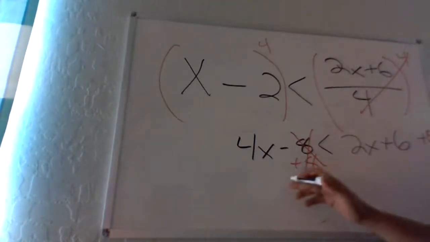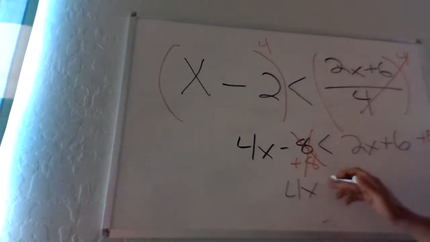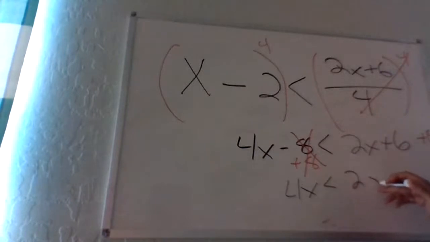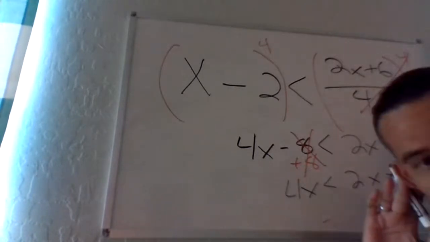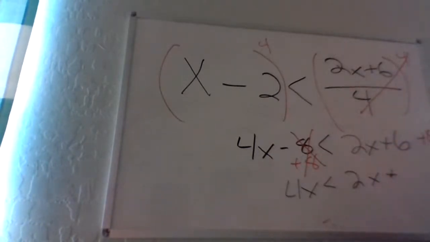Okay. So now we have 4x greater than 2x plus 14. Okay. Now what?